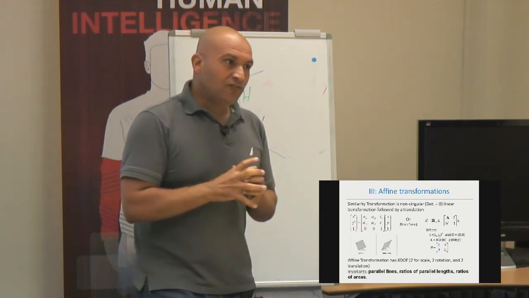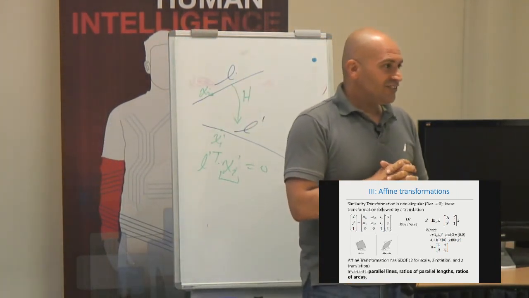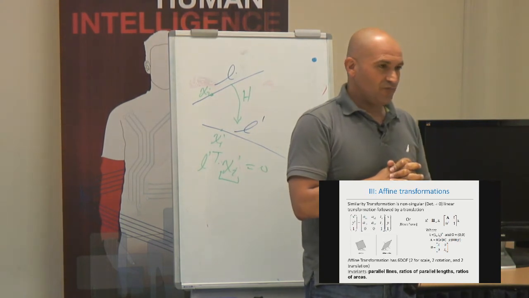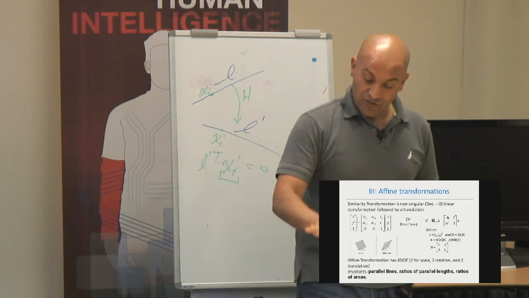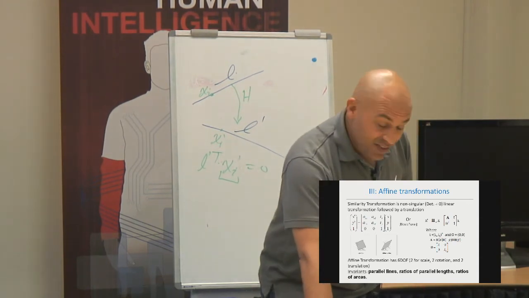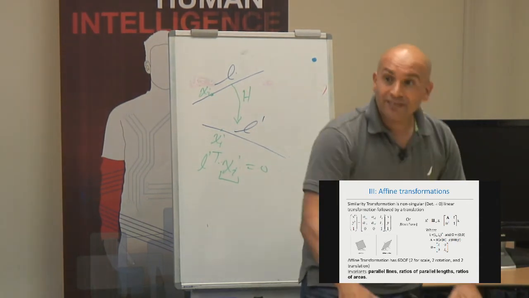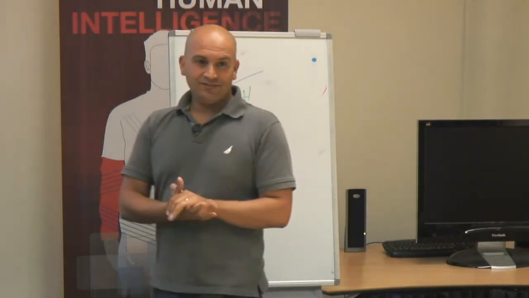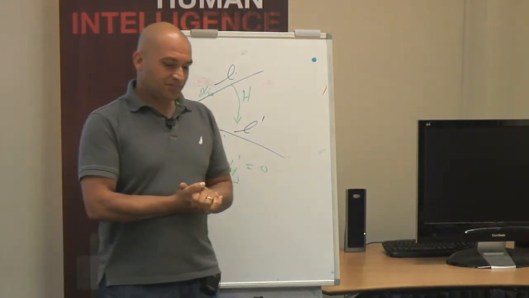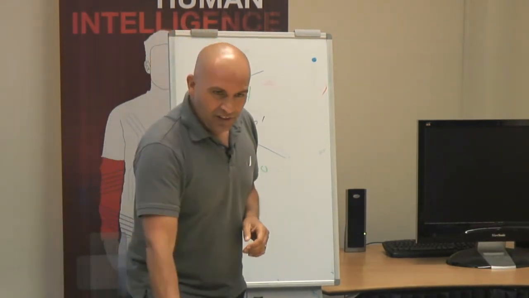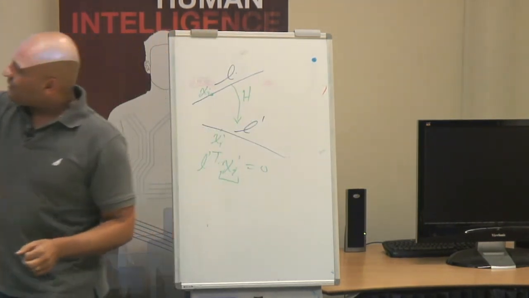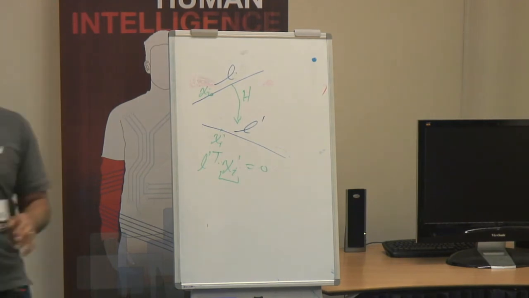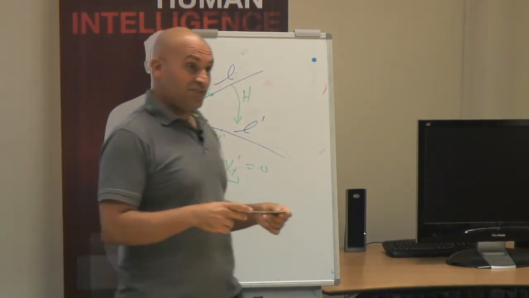Now, what's the invariant of this group of transformation? What things are preserved between the source and the image of the mapping? So definitely one thing, as we see here, is that angles are not preserved.